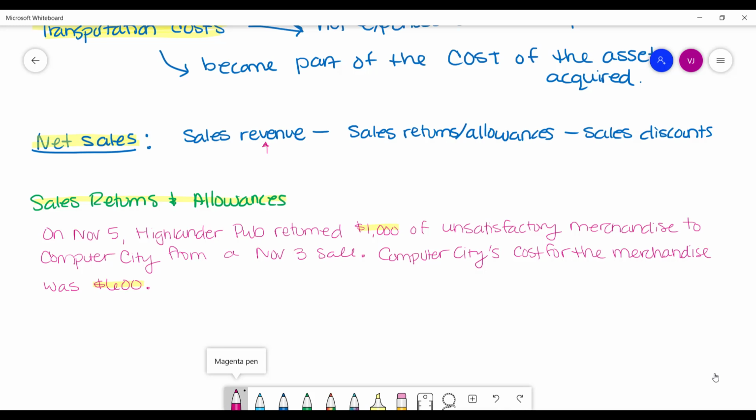So because Computer City uses a perpetual inventory system, we're assuming the use of a perpetual inventory system unless otherwise noted, they must make 2 entries.